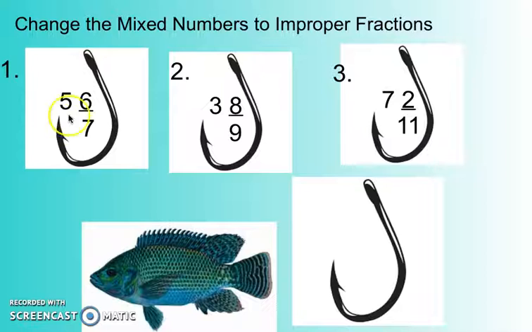Exactly. If I take 5 times 7, I know that there are 35 sevenths within those 5 wholes. Now, I do have some additional sevenths though. I have 6 additional sevenths, and that is added to it.